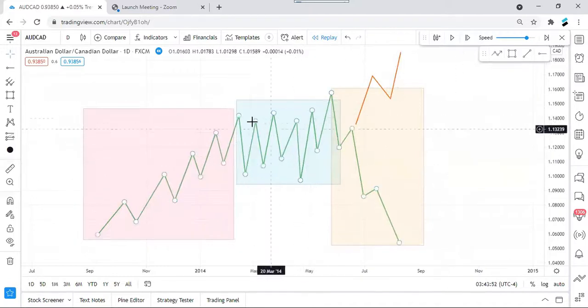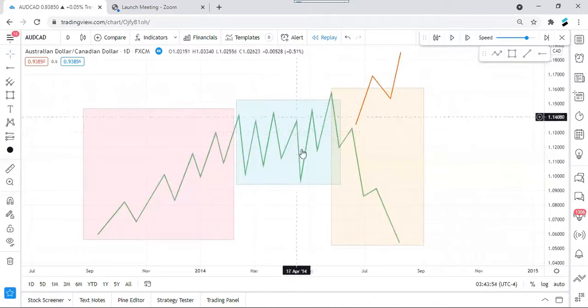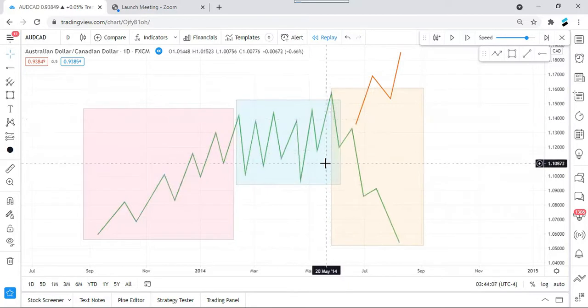So during these accumulations, during these consolidations, we tend to see a lot of manipulations and stop hunting. Now, this consolidation can be in the form of accumulation, or it can be in the form of distribution. It depends on where the bank's intention is.